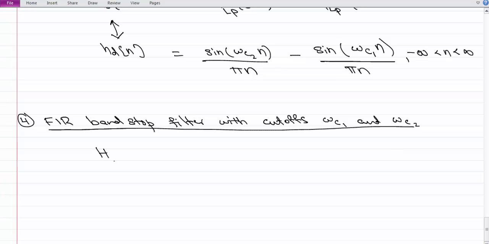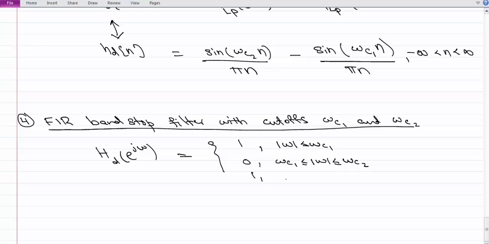So the band stop filter's frequency response is given by: it's 1, and then it's 0 in the band, omega C1 less than or equal to omega less than or equal to omega C2, and then it's 1 again. Okay, so now you want to write down the impulse response of this filter h_D[n].